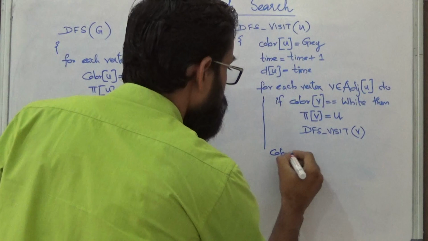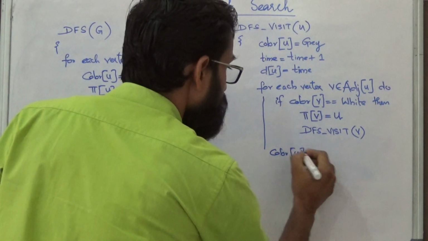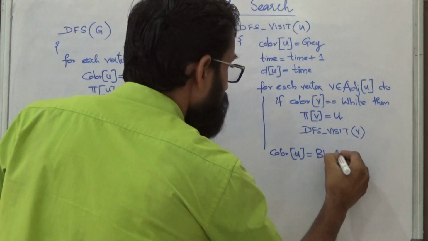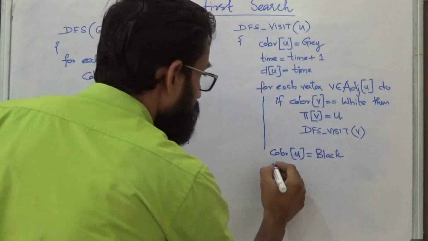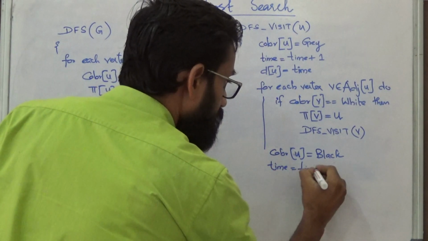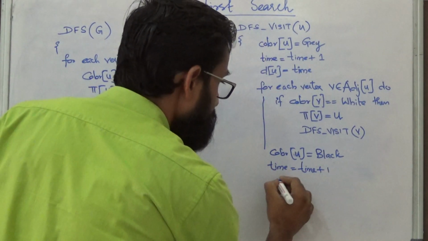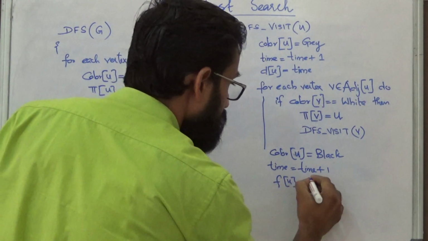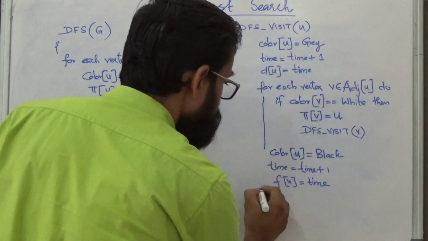Set color of u equal to black, and you can increment time by 1, time equal to time plus 1, and set finishing time of u as time.